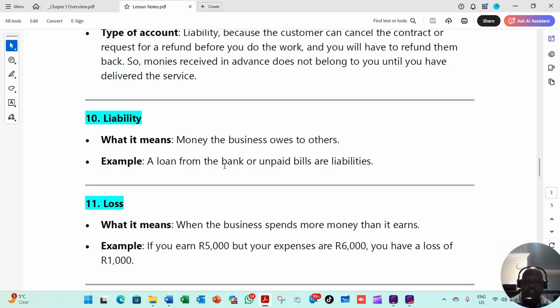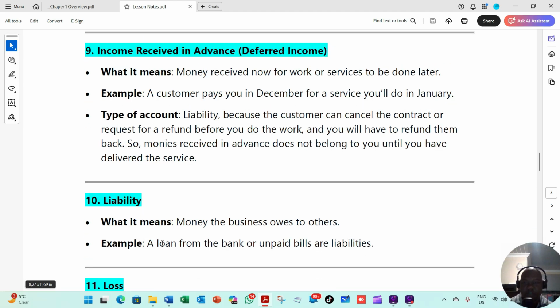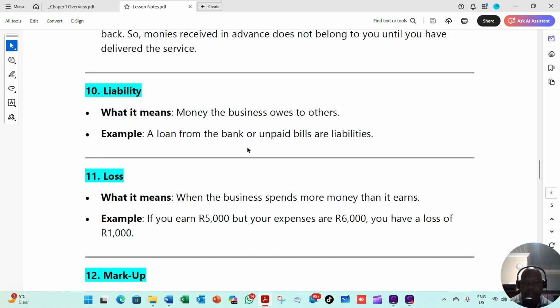So things such as loans, unpaid bills, yes, they are liabilities. So we owe someone this money. Just like this one, income received in advance. It falls under liabilities because we owe someone money.